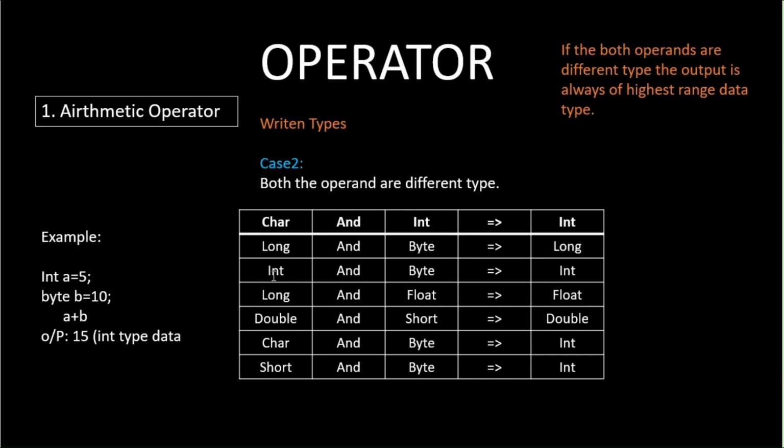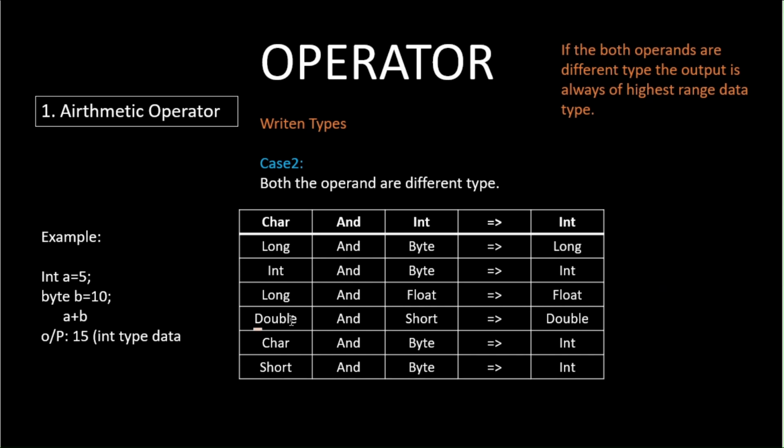And int and byte, we will get int type data because byte is smaller as compared to int. Long and float, what type of data will we get? Float, because the order of data types is byte, short, int, long, float, and double. After long we have float, then double. That's why we get float type data here.